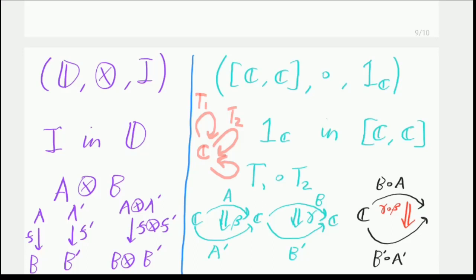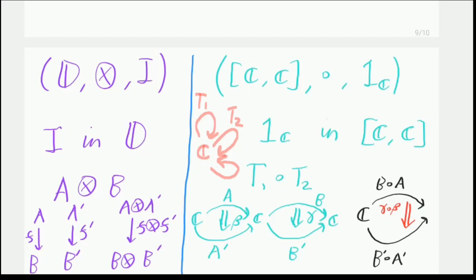And so what does it mean then to have an arrow from A to A' within this category? Well, that just means that we're going to have a natural transformation beta from A to A'. So we can regard this natural transformation beta in our original category as a sort of arrow within this category of endofunctors. And similarly, we may have an arrow gamma from the object B to the object B' within this category of endofunctors.